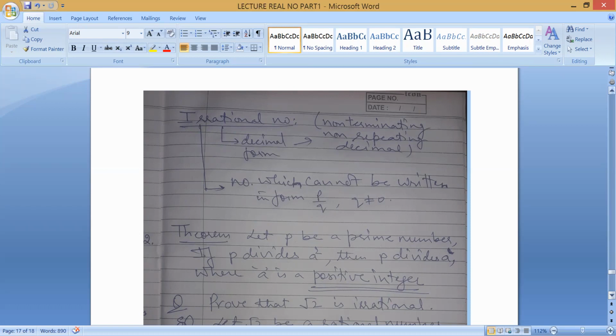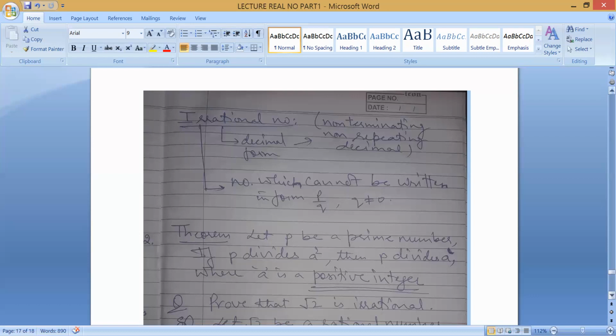You can say that an irrational number is non-terminating, non-repeating, or a number which cannot be written in the form of p upon q, or a number which is not rational.